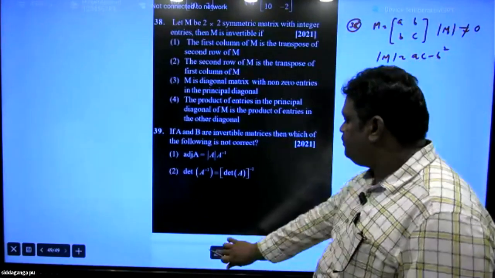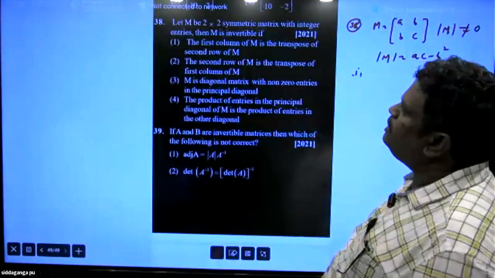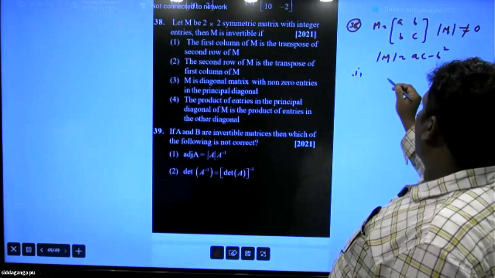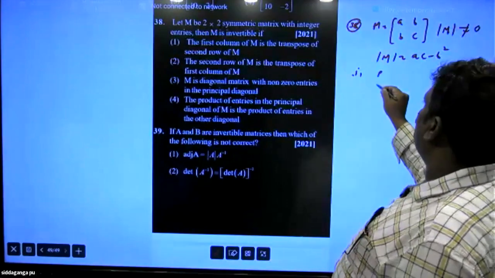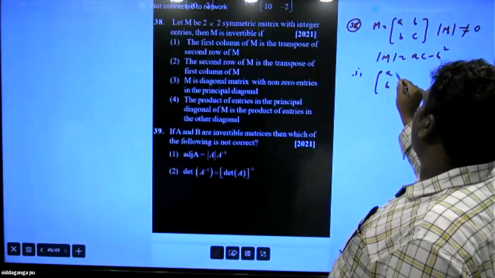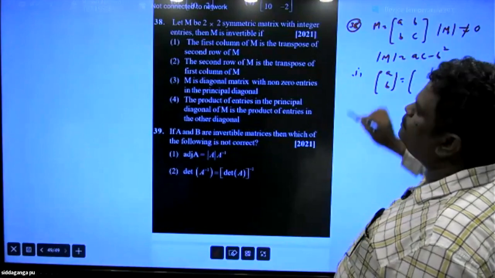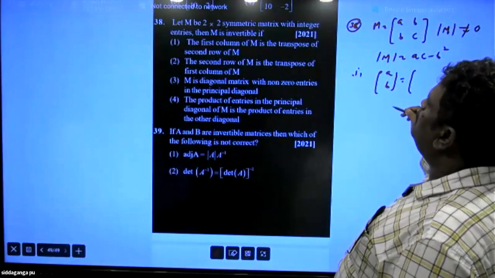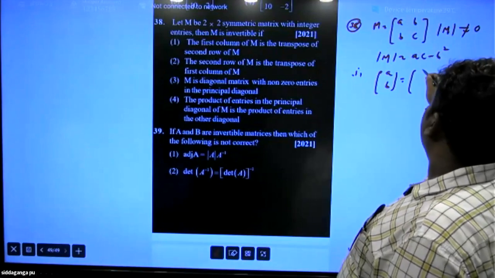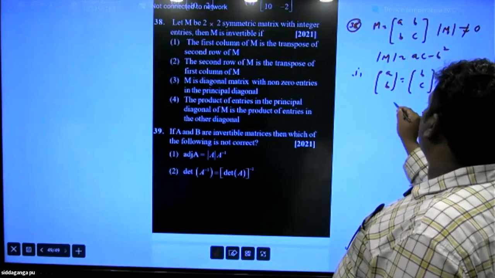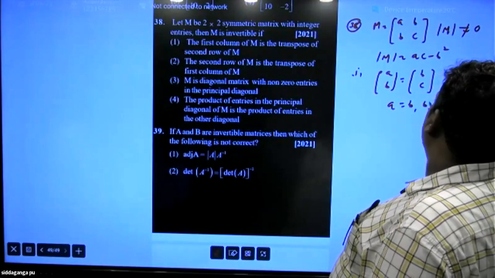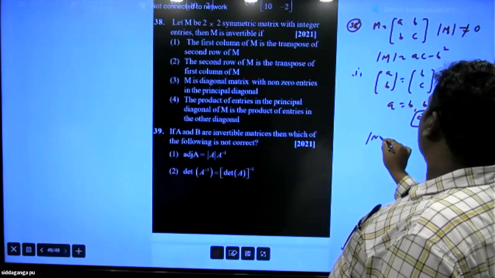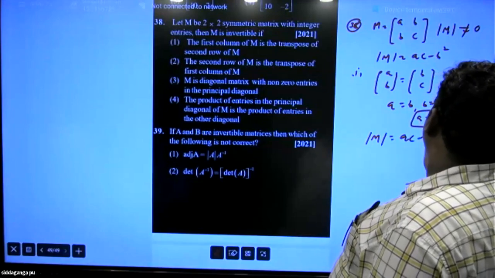The first condition we can choose: the first column of M is the transpose of the second column of M. The first column of M, A B, is equal to the transpose of the second row, which gives the same matrix, so B is equal to C. Now two matrices are equal means A is equal to B, B is equal to C, finally C is equal to A. So here we compare the determinant of M, AC minus B square.